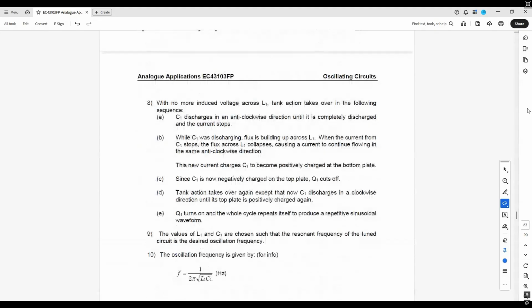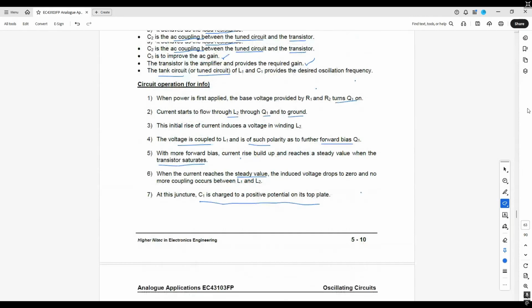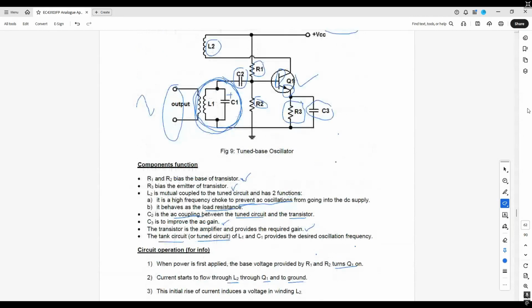Now, of course, as you know, a capacitor charges and discharges, right? Correct. So the tank, just now we mentioned the tank action will take over. What is the tank action? Let's take a look. Okay, C1 will discharge in an anti-clockwise direction. That means come back to here. C1, okay, it will charge.